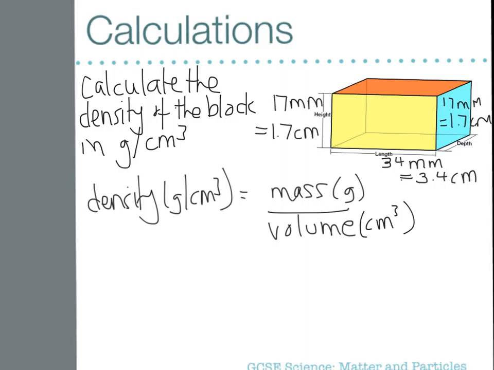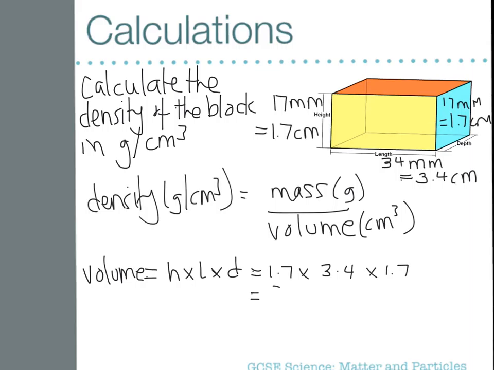So now that we have all three converted into the units that I'm interested in, now we can calculate the volume. So volume is all three dimensions multiplied, so height times length times depth, which would be 1.7 times 3.4 times 1.7, which you'll have to use a calculator to work out.